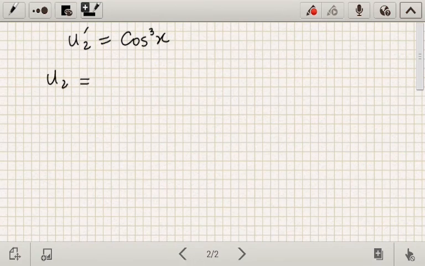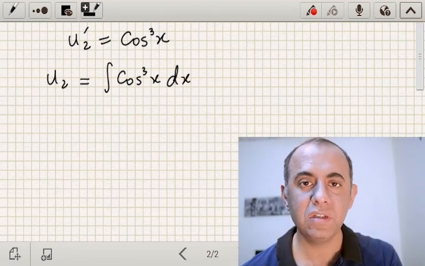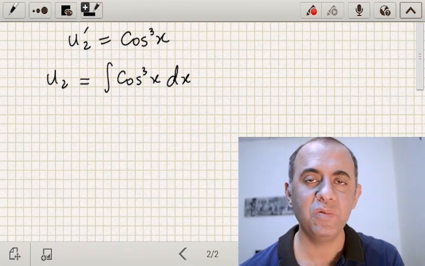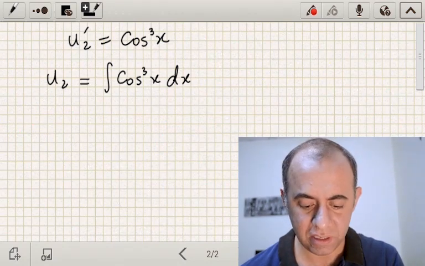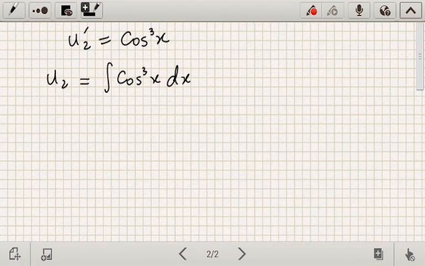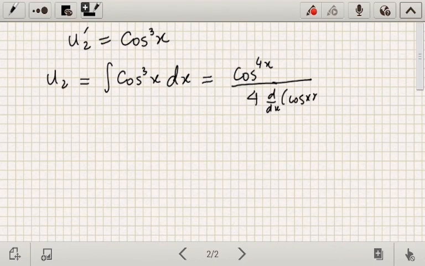So let's do that. We found u2 prime as cos cube x. So we need to find u2 by integrating cos cube x with respect to x. This can be a bit tricky because at this point you can easily make a mistake. Some people simply write cos 4x divided by 4, and then they try to differentiate cos of x in the denominator, which is wrong.